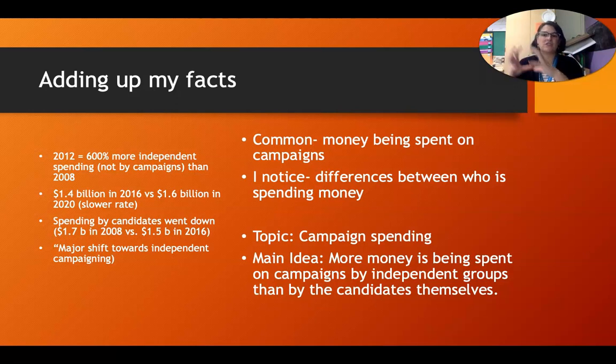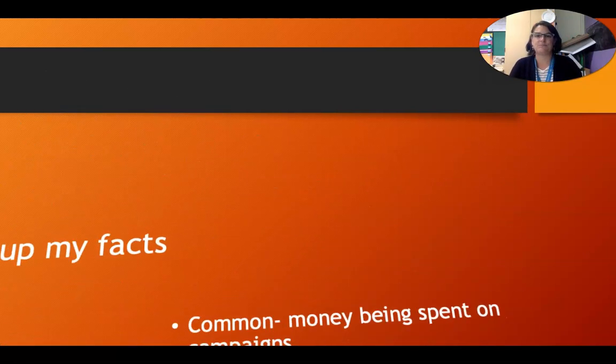So now I'm actually using the details in that section. Now, again, this is the topic and main idea of just this section, but that's going to help me really understand the topic and the main idea of the entire thing together. But I've been gathering my facts and adding them together to come up with very specific ideas.